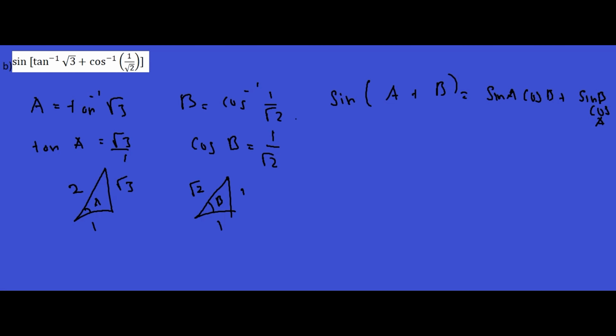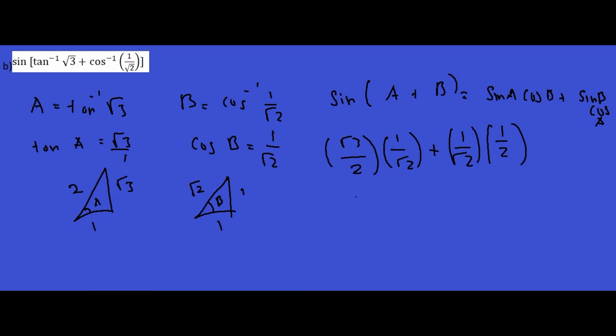So I'm going to continue on here. Sine A is opposite over hypotenuse, which is sec 3 over 2, and cos B is adjacent over hypotenuse, which is 1 over sec 2. Sine B is 1 over sec 2, and cosine A is 1 over 2.